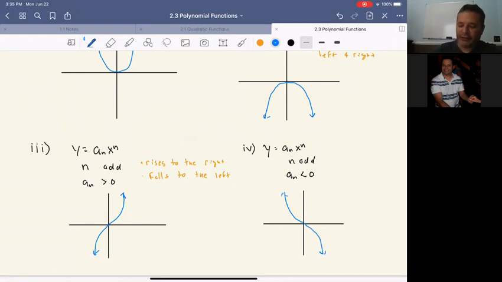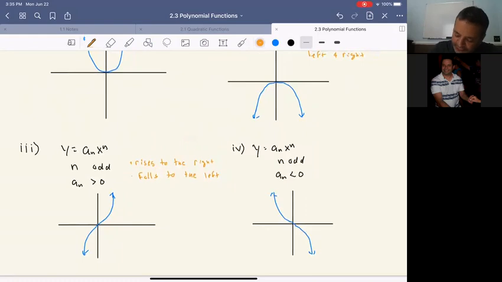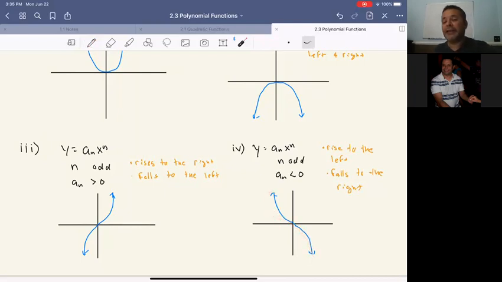So this one will rise to the left and fall to the right. I prefer again to think of it as always being decreasing, or at least on the endpoints.